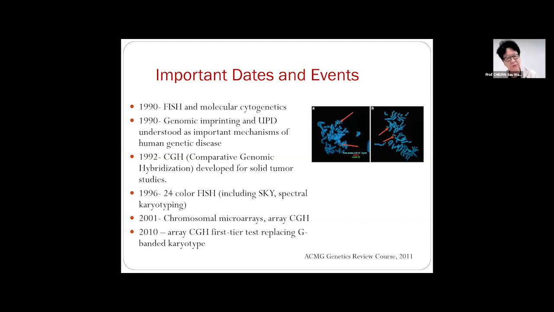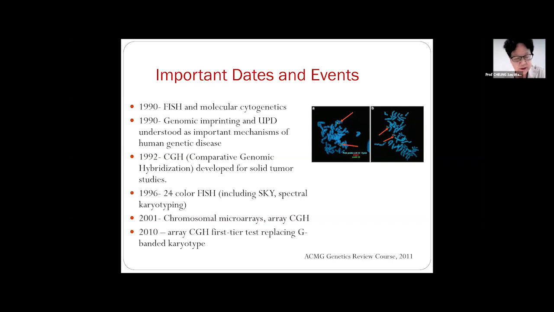In 2001 the chromosome microarray started, but clinically we first started in 2004 with the chromosomal microarray, in which the patient DNA is co-hybridized with the control DNA to an array of DNA whose location is known.